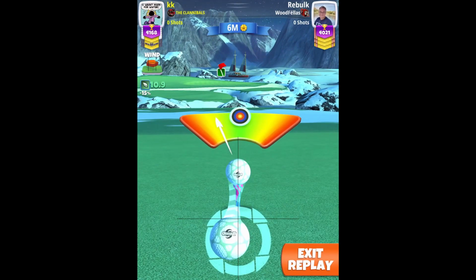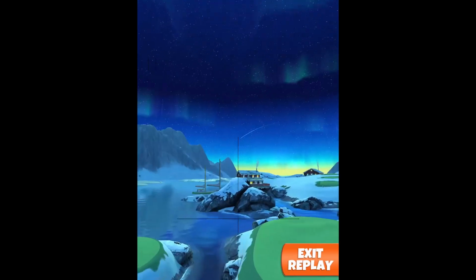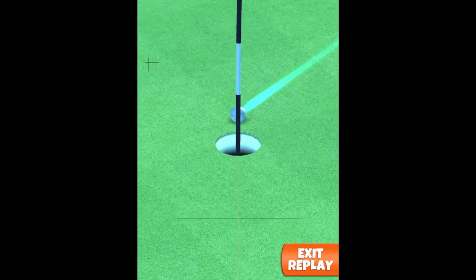And here I did a little left curl, about mid-circle left curl. And just barely missed to the right.